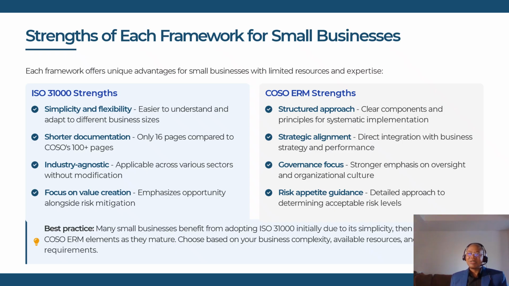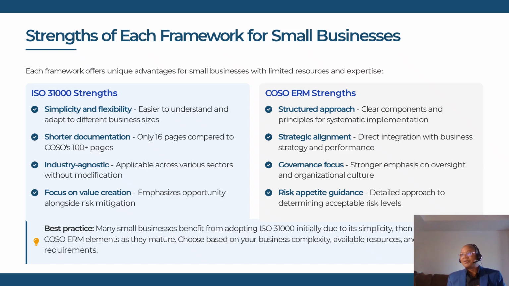Shorter documentation, only 16 pages, like I said before, compared to over 100 pages for the COSO. Industry agnostic, applicable across varieties of sectors and industries across different parts of the world, and a focus on value creation, emphasizing opportunity alongside risk mitigation, because risk is like the two sides of a coin. One side is positive, the other is negative.